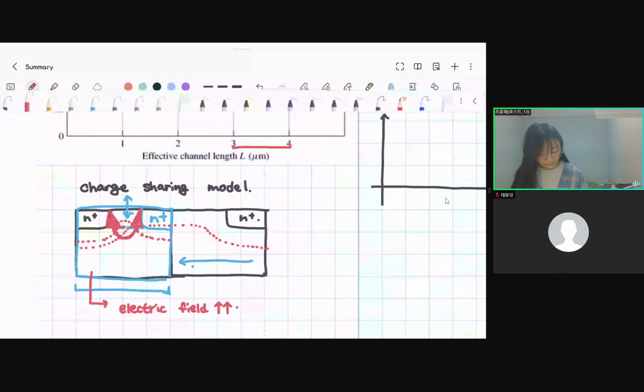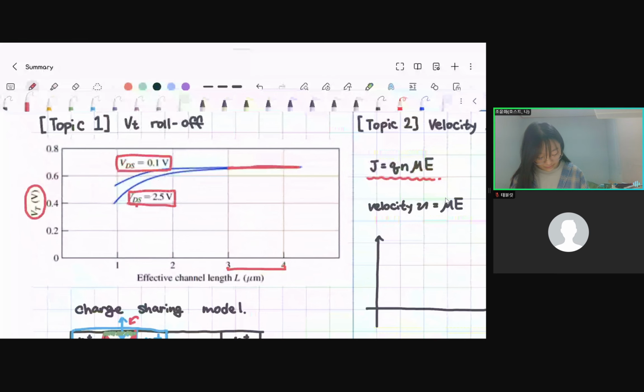And as you see, when the drain bias is higher, the VT roll-off phenomenon gets stronger.